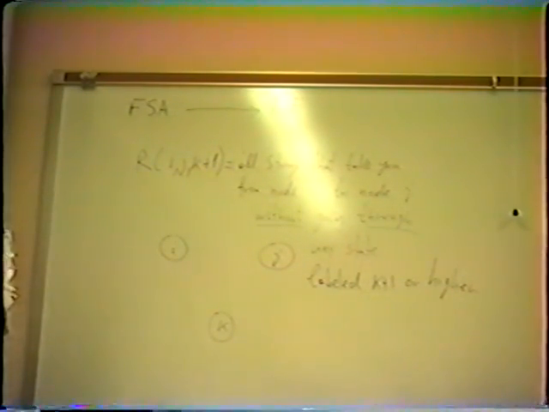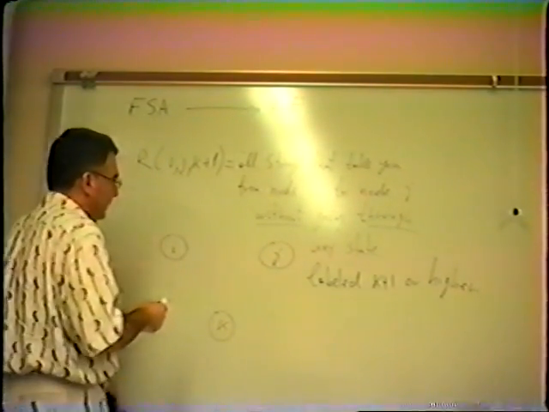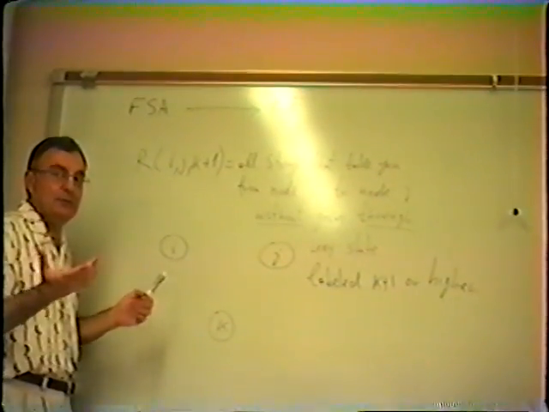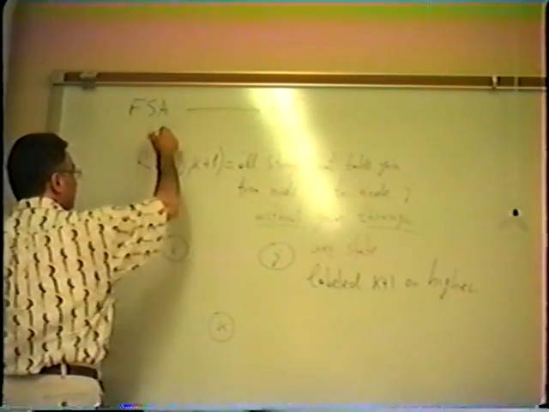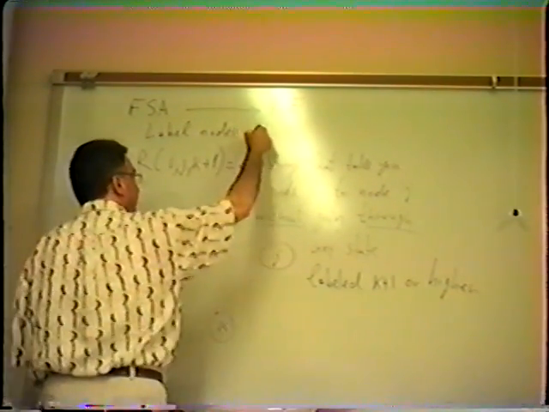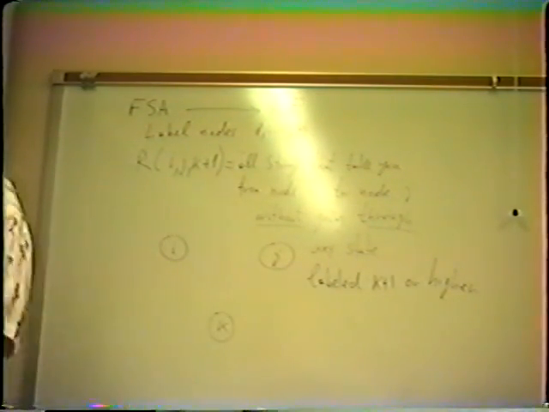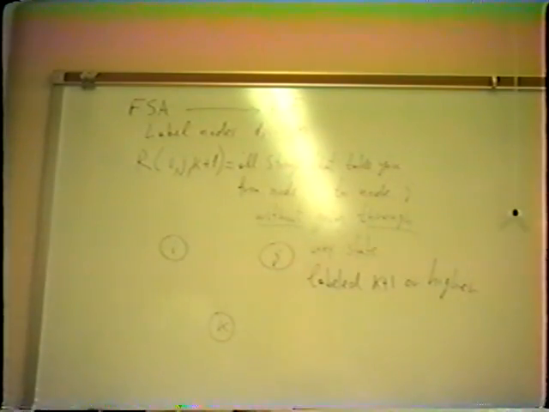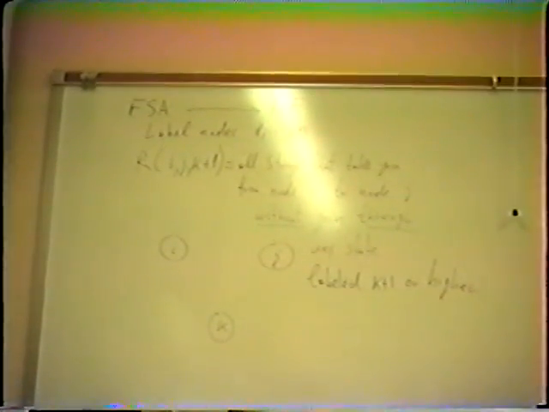This assumes you have labeled the nodes. So you have the automaton, you label the nodes from 1 to n. 1 is the starting state. R i j k plus 1 is all the strings that will drive you from I to J without going through any state K plus 1 or higher.